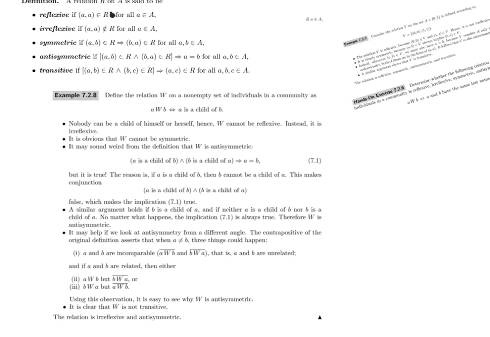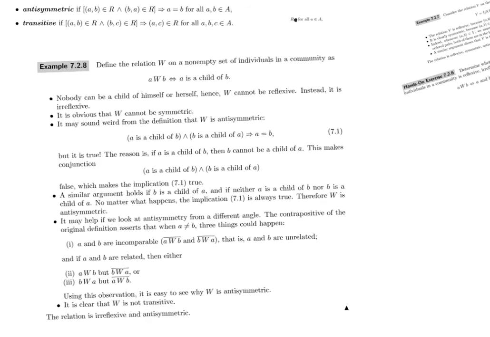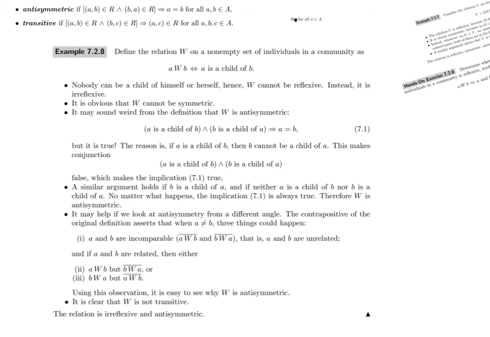Similar to the last name one, let's say we have a non-empty set of individuals in a community, and we have the relation a is related to b if and only if a is a child of b.